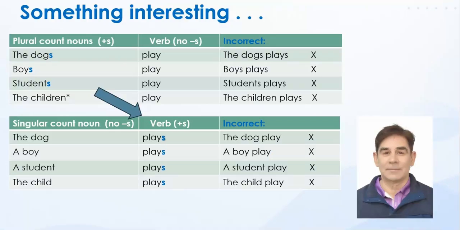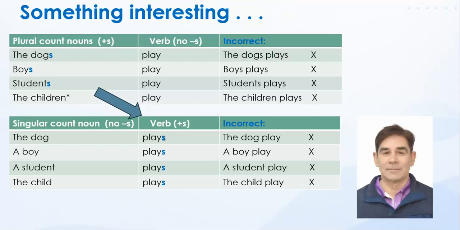There's something interesting here. We often use an S on the subject with plural count nouns, but we do not use an S on the verb. For example, the dogs play, boys play, students play, the children play.